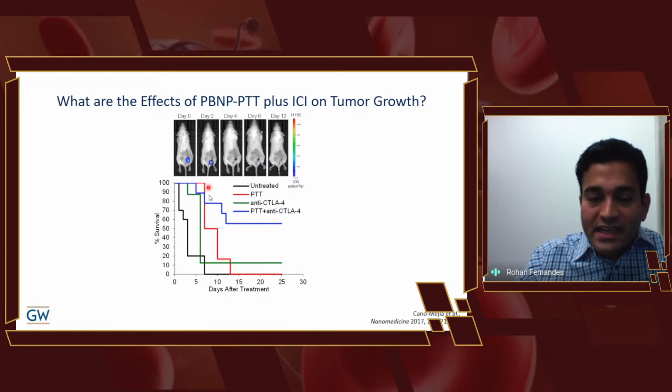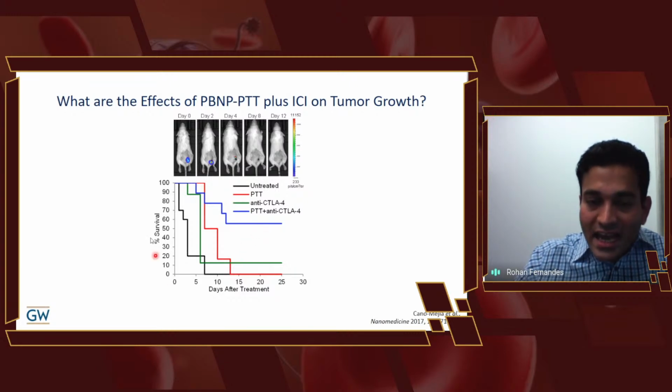When we added PTT, as I'd shown you in that very first question, there is an increase in median survival, where this median survival is higher than this, but we were not able to see any long-term benefit of administering PTT. But the combination of the two, the PTT plus the anti-CTLA-4, generated significantly higher long-term survival in this combination therapy-treated group.